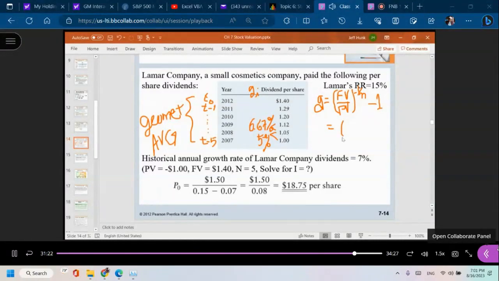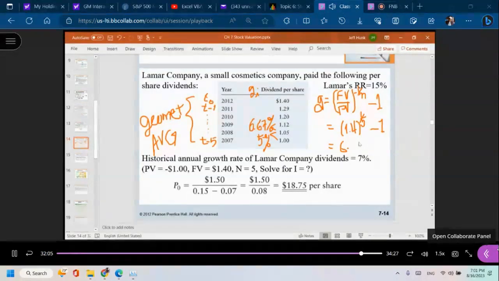It's 1.4 over 1, so it's automatically 1.4, and it's 5 years. Then what do you get? Let me run the number. It will be almost 6.9% or something like that.